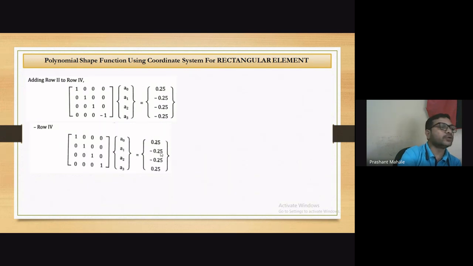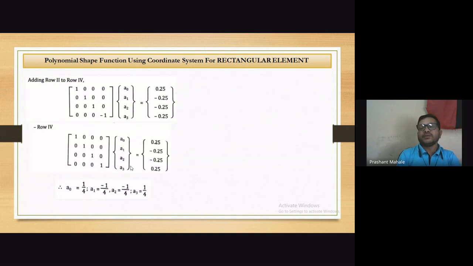It is minus 2. For third case, you will get the value of A2, and for fourth case, you will get the value of A3. In this way, as I said, what we were interested in, those A0, A1, A2, A3 values, are received.